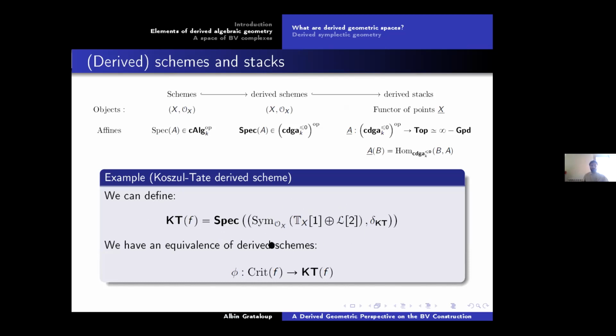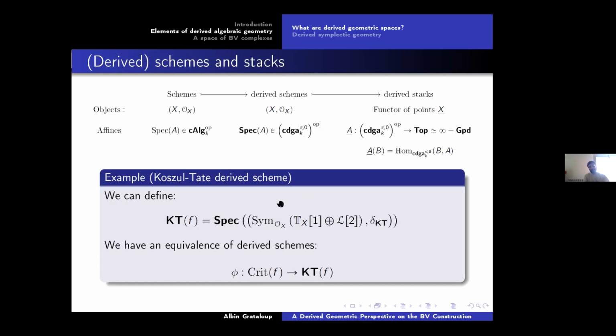It's a free CDGA in non-positive degree, and you just take the spectrum of it, the derived spectrum, in that sense. And so as a derived scheme, it is equivalent to the critical locus. There is an equivalence of derived schemes between the critical locus and its Koszul-Tate derived scheme.